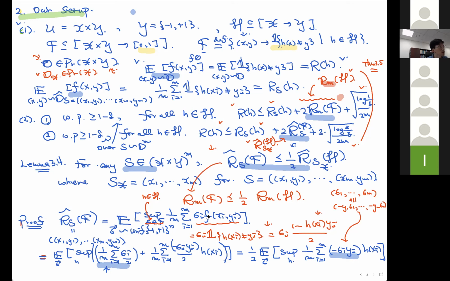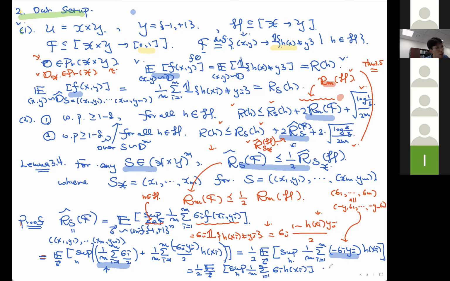So let me use this. This thing is the same as 1 over 2 times the supremum of h, 1 over m, sum of sigma i from 1 to m, and we can just write this as sigma i h of xi, because of the equality between the two distributions.